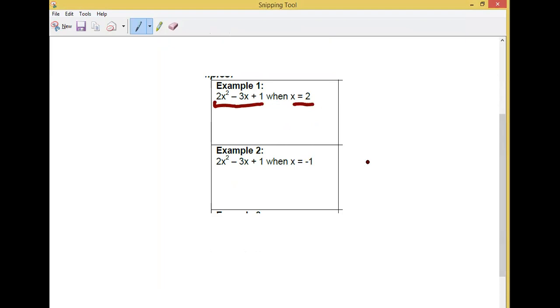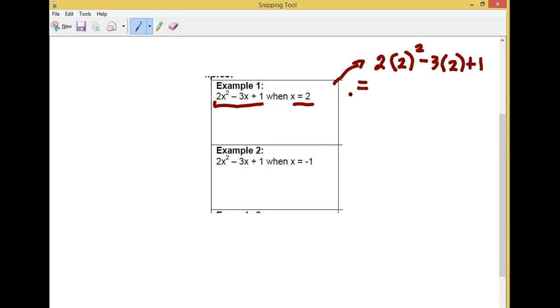Now, how do we do it? Let's have 2 times, what's the value of our x? The value of our x is 2. So let's have 2 squared minus 3. You have 3x, so 3 times 2 plus 1.